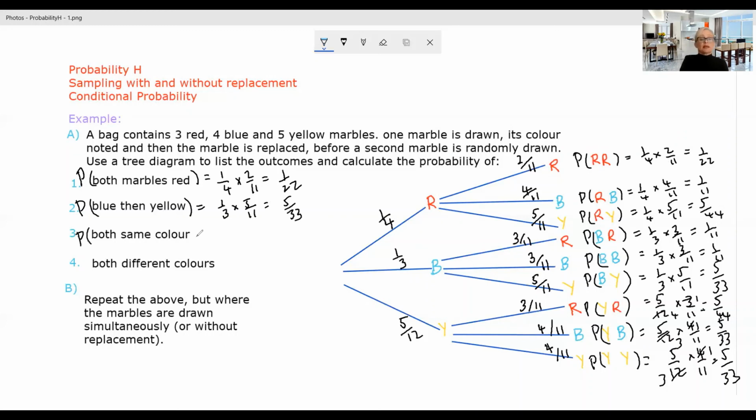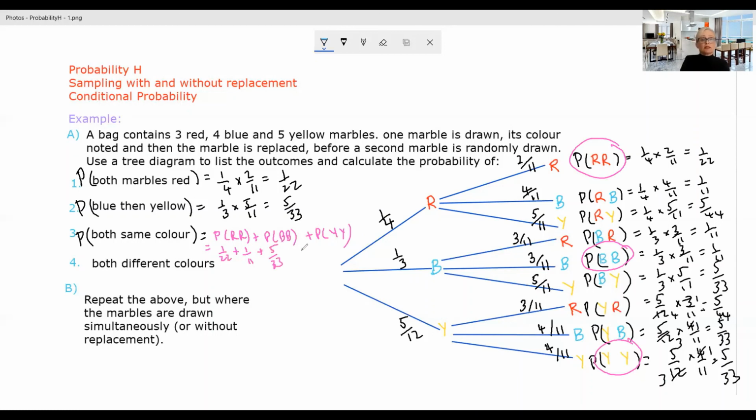Probability of both being the same colour, that's going to be this one. They're either both red or both blue or both yellow. So we're going to add these up. So what have we got? 1 on 22 plus 1 on 11 plus 5 on 33.